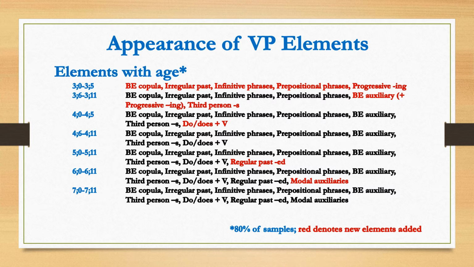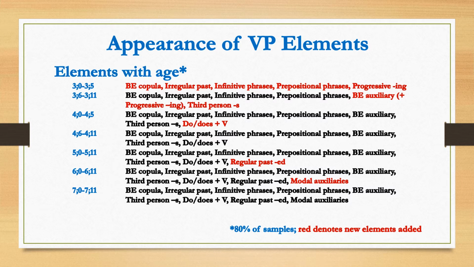Again, once an element was acquired at one age, it continued to be used by 80% of children at older age levels. There's one kink I need to explain. At age 3 to 3-5, children use progressive ing, but the auxiliary be is still in flux. By 3-6 to 3-11, the auxiliary be is stabilized and used by 80% of the children.